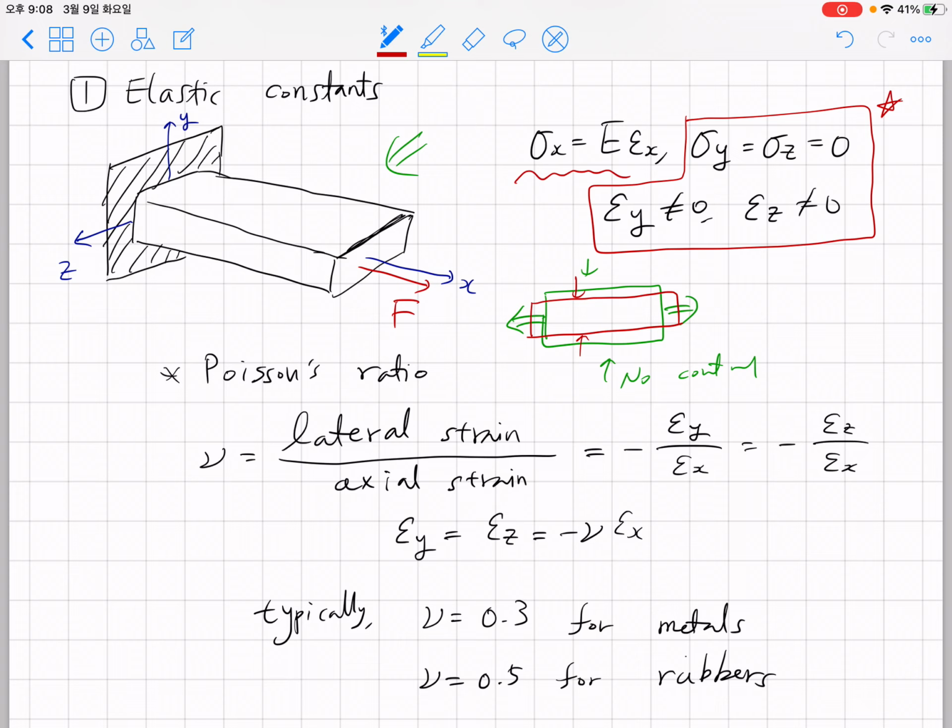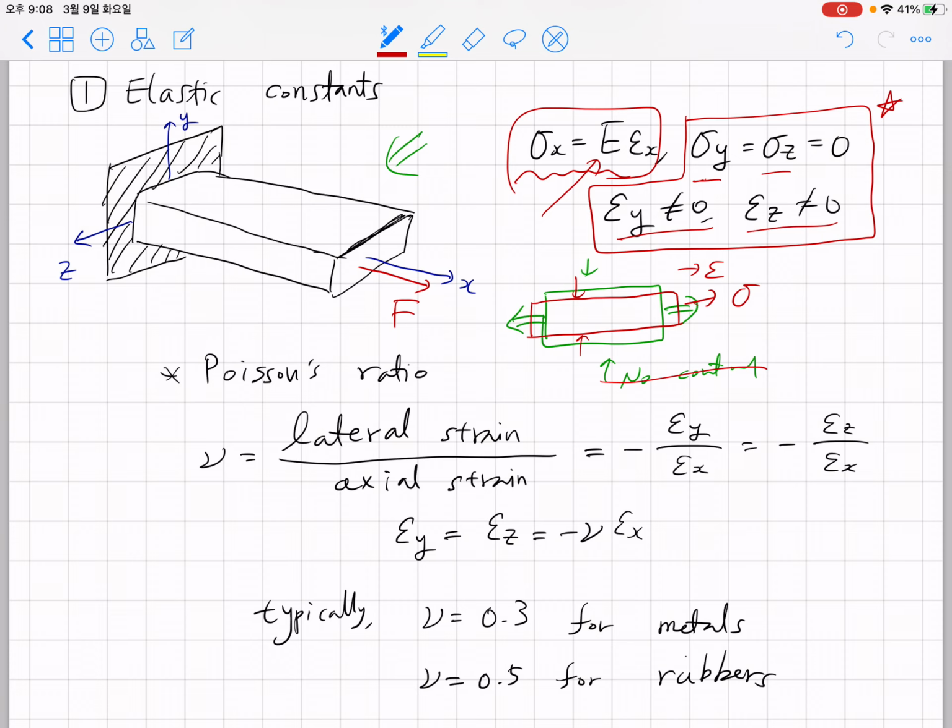If I make it a more mathematical expression, this kind of loading can be defined as follows: the stress in the y direction and the z direction is 0, but the strain in the y direction and z direction is not 0, because you don't have any constraint, and typically material shrinks in cross section under tension. The relationship between stress and strain along the same direction, and its proportionality constant, is called Young's modulus.